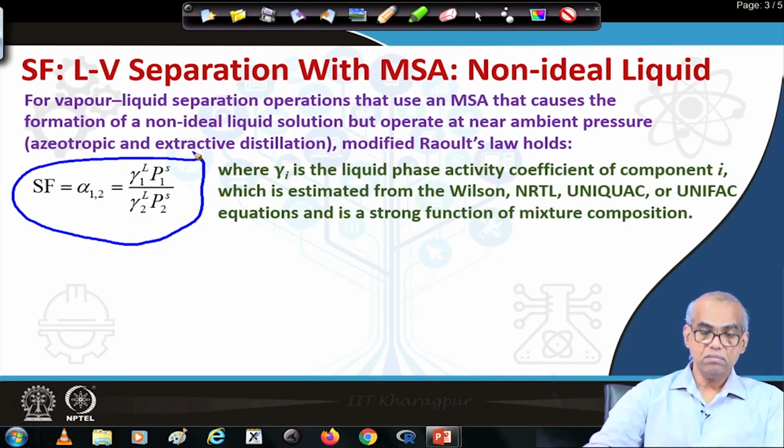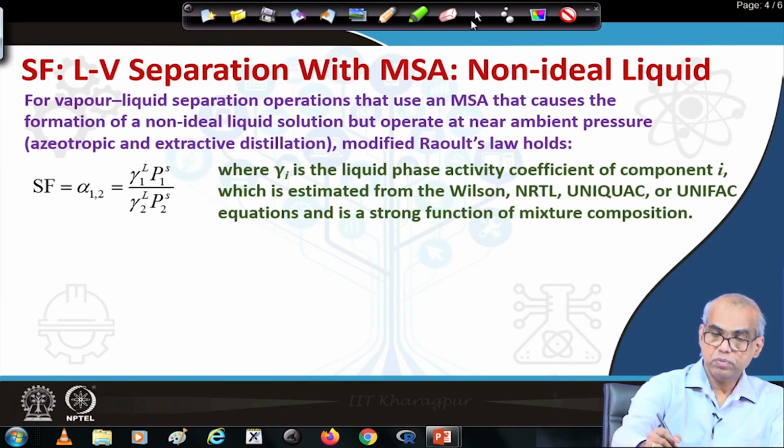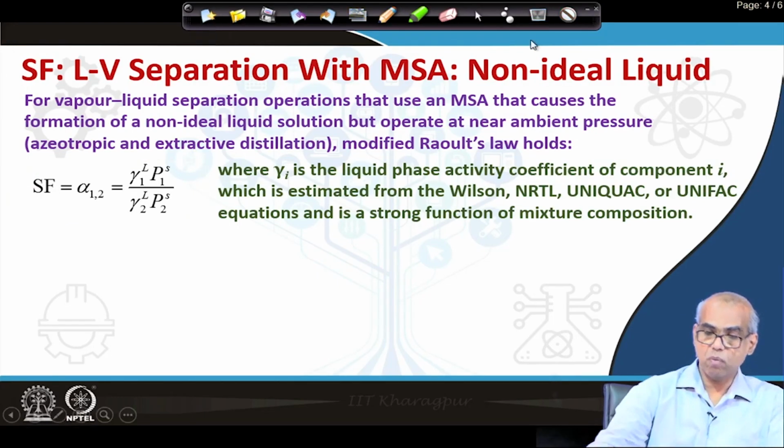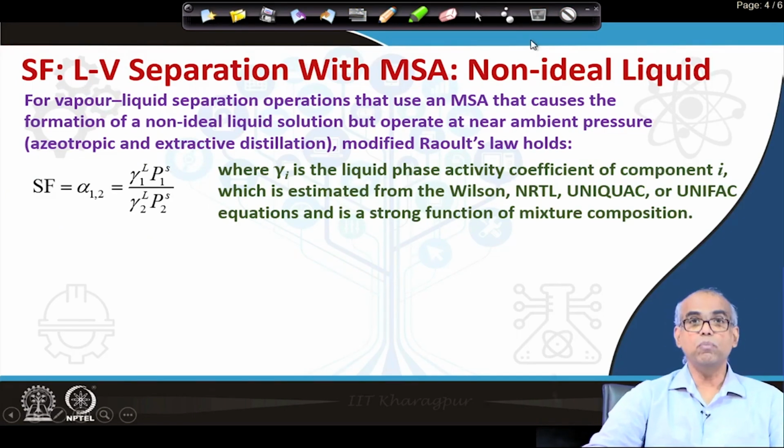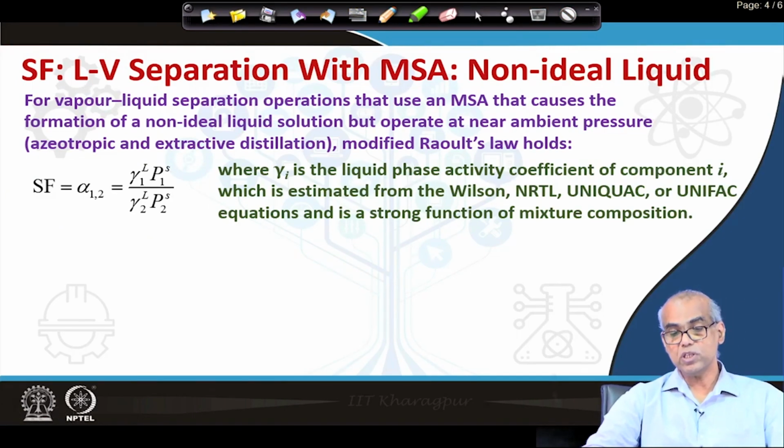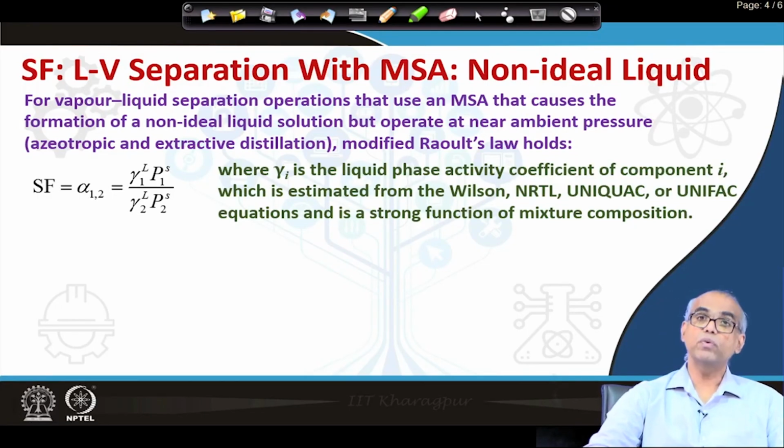Now, how will you obtain these activity coefficients? The activity coefficients can be obtained by use of various thermodynamic models such as Wilson model, NRTL model, UNIQUAC model or UNIFAC models. Remember that the activity coefficient is a very strong function of mixture composition.